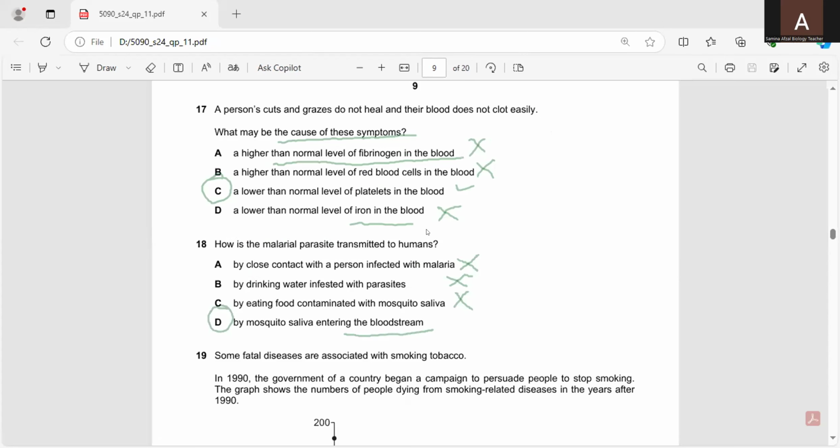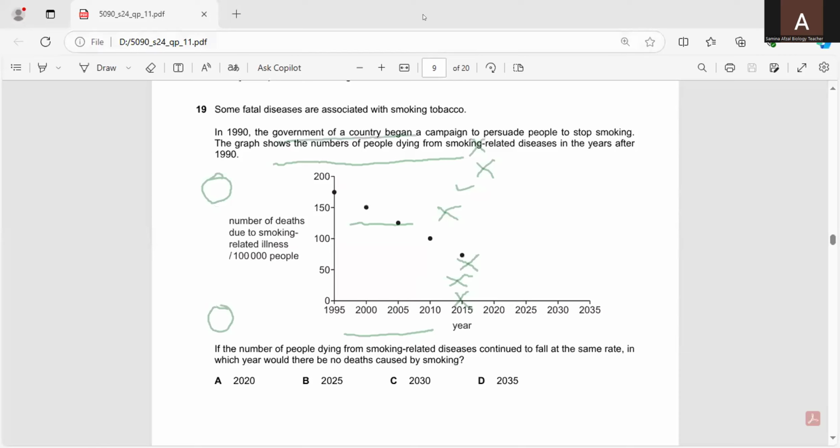Now question number 19. Some fatal diseases are associated with smoking tobacco. In 1990, the government of a country began a campaign to persuade people to stop smoking. The graph shows the number of people dying from smoking related diseases in the years after 1990. If the number of people dying from smoking related diseases continued to fall at the same rate, in which year would there be no deaths caused by smoking?